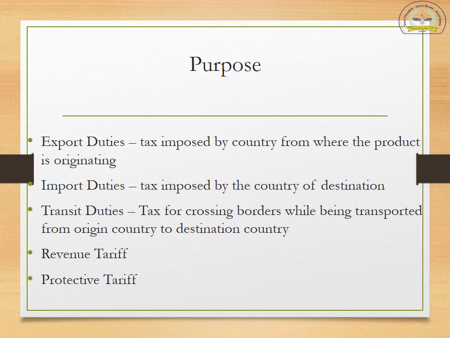Transit duty, it is imposed on a commodity crossing the national frontier or borders originating from and destined for other countries. The revenue tariff, the main intention of the government to impose this tariff is to obtain revenue. The protective tariff, the primary objective for the government here is to give protection to domestic industries from foreign competition.